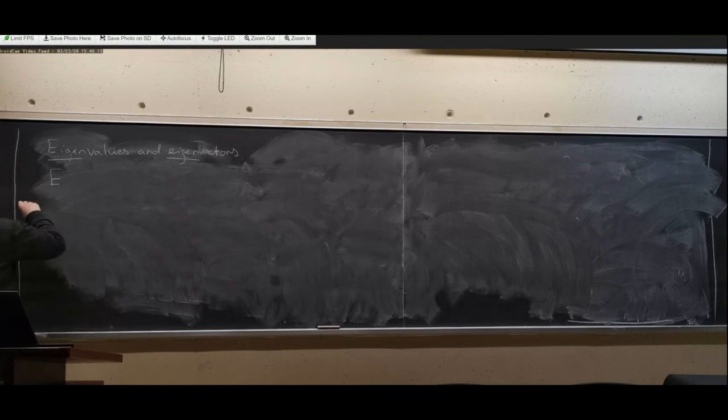But didn't we already talk about a linear transformation where there is no eigenvector? Does anybody remember which linear transformation we talked about that has no eigenvectors? Or at least we thought that it has no eigenvector.